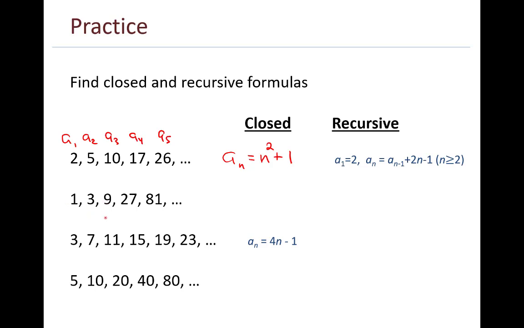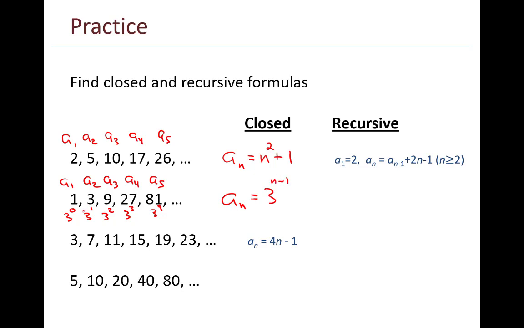For the next sequence, a1, a2, a sub 3, a sub 4, a sub 5. These are powers of 3. This is 3 to the 0, 3 to the 1, 3 squared, 3 cubed, 3 to the 4. So our closed formula looks like a sub n equals 3 raised to the n minus 1.